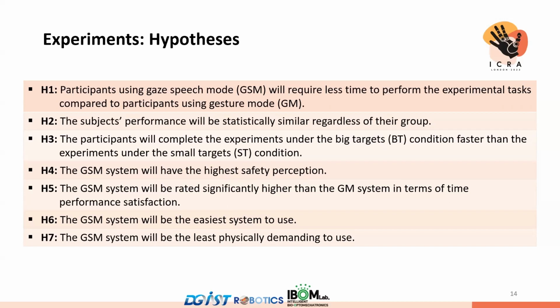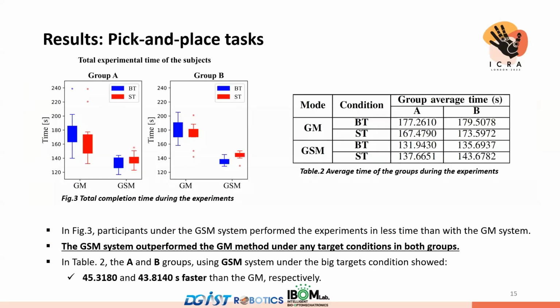The GSM system will have the highest safety perception. The GSM system will be rated significantly higher than the GM system in terms of time performance satisfaction. The GSM system will be the easiest system to use, and the GSM system will be the least physically demanding to use.